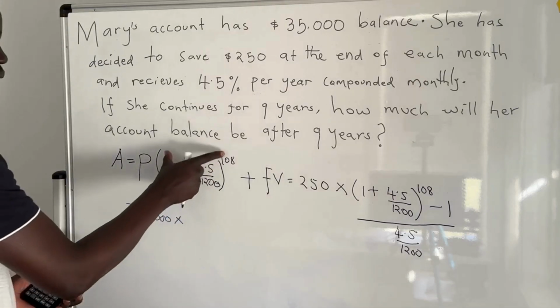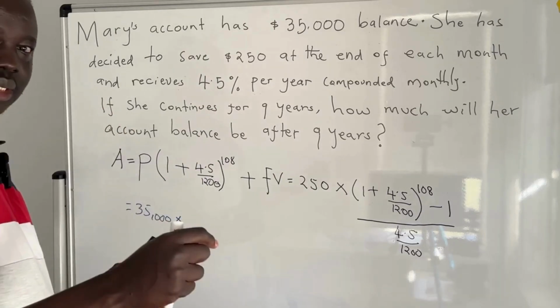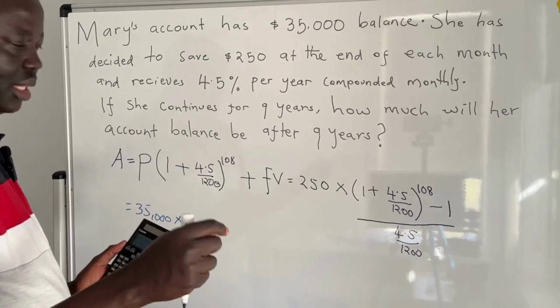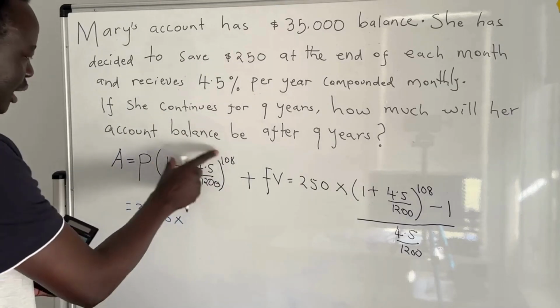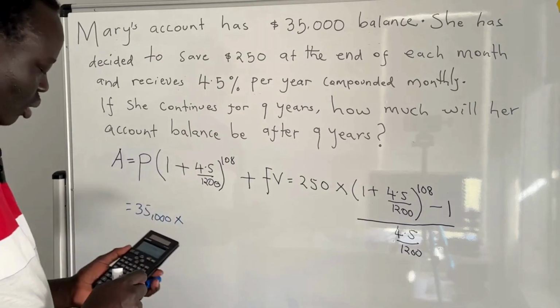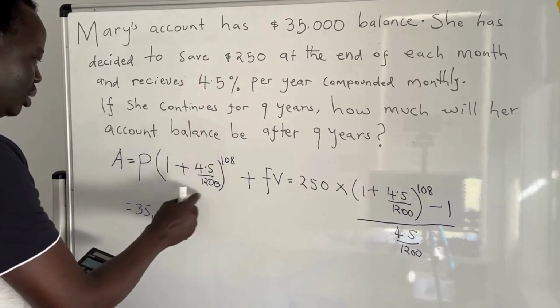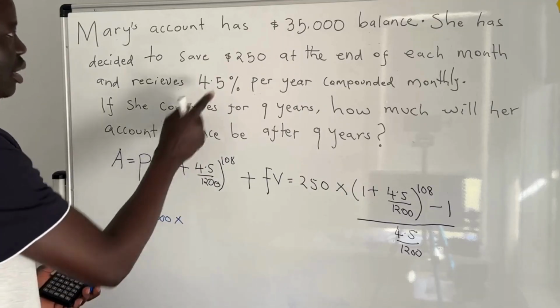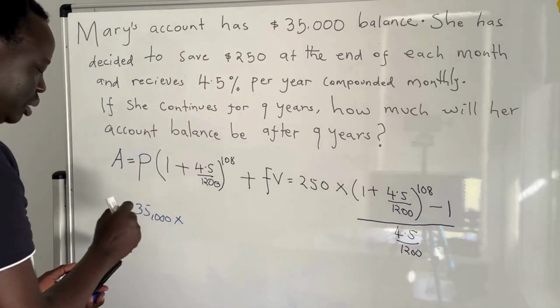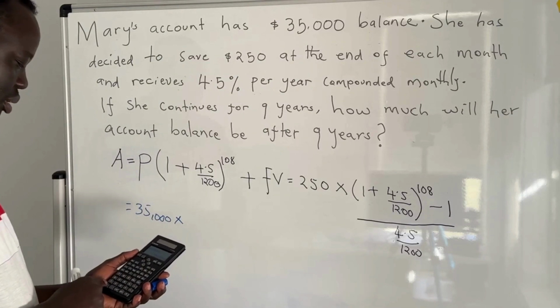So this part here is what we call compound interest factor. So what we will do here is to multiply what you have got from the compound interest factor by initial amount, which is principal, times $35,000.